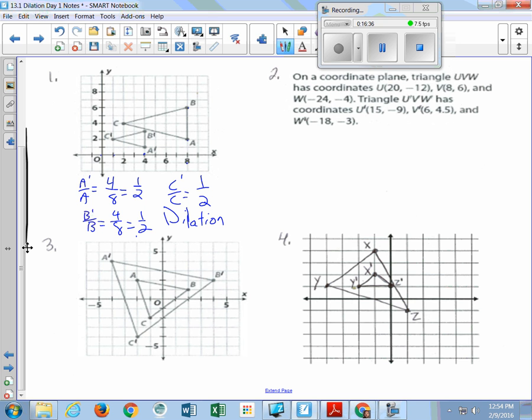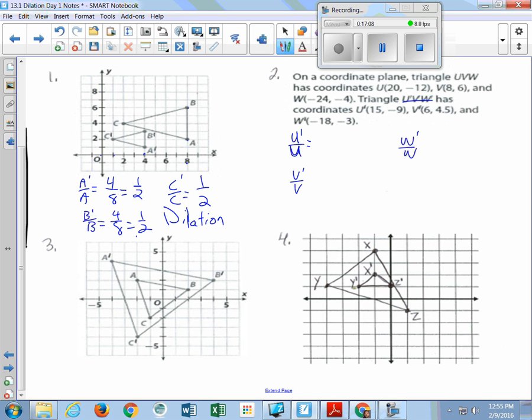All right, number 2. On a coordinate plane, triangle UVW has coordinates at these points. Triangle UVW prime has these coordinates. So here's my new. I'm going to do U prime over U, V prime over V, W prime over W. Okay, so I'm just going to use my x's.